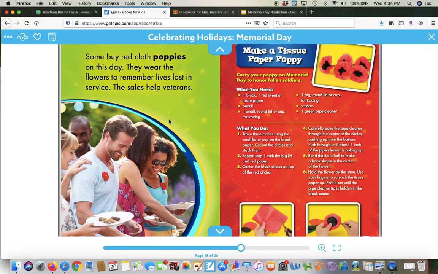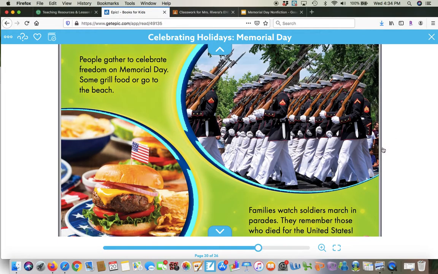Okay, so that's a way that they make money to give to those people. So you can see Memorial Day is a very important day to celebrate.